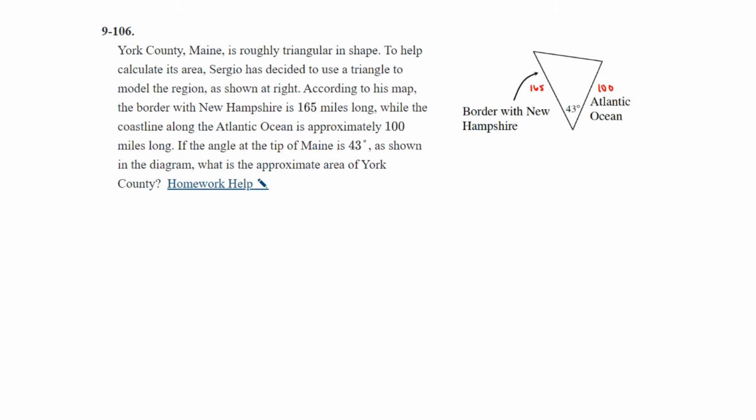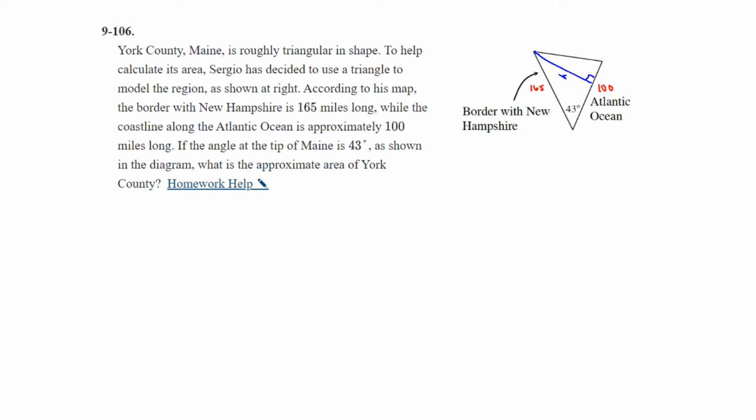We need the height of the triangle, and we need to make sure we're able to use the 43, so let's draw in the height from this vertex over here. We want to make sure that's a 90-degree angle, that way we can use our trig ratios. We have the length over here as 165, and we have an angle of 43, and we're looking for the height.